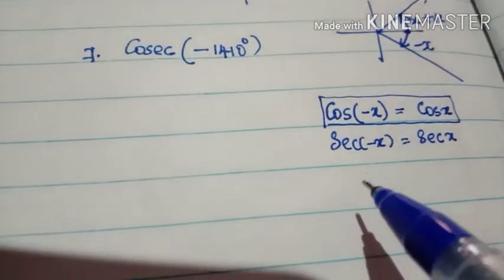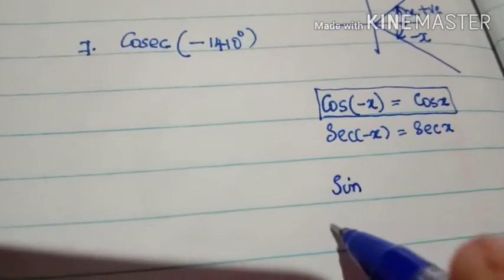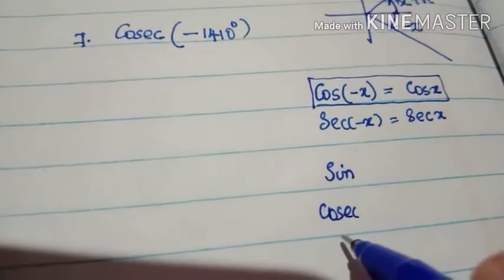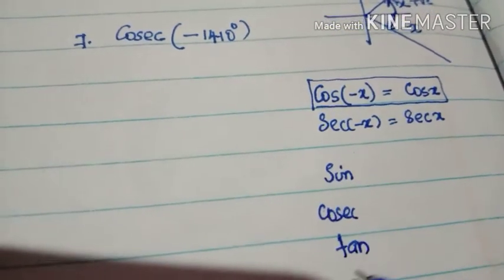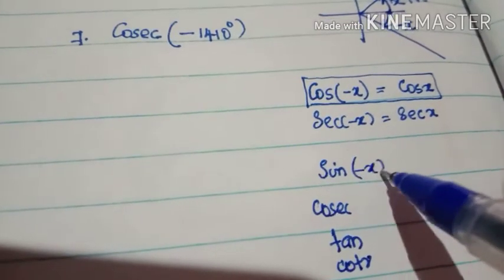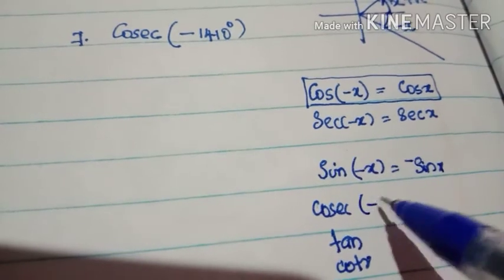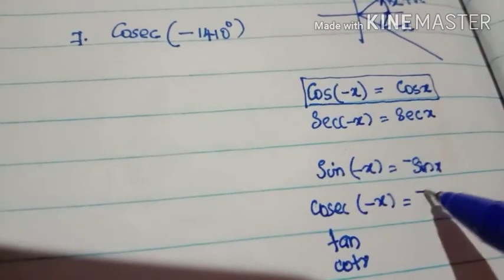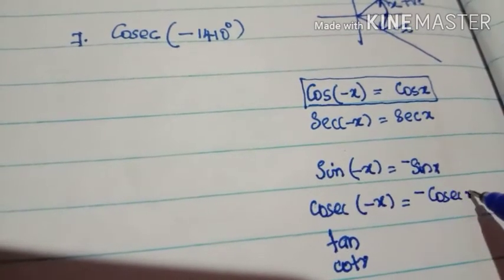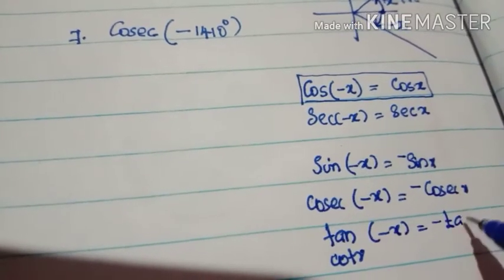For all other remaining trigonometric ratios, sine, cosec, tan, cot, what will happen? Sine of minus x equals minus sine x. Cosec of minus x equals minus cosec x. Tan of minus x equals minus tan x.